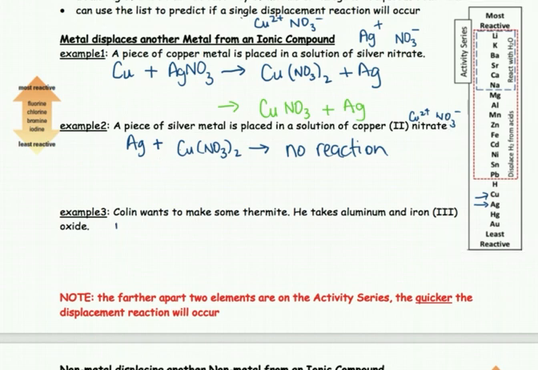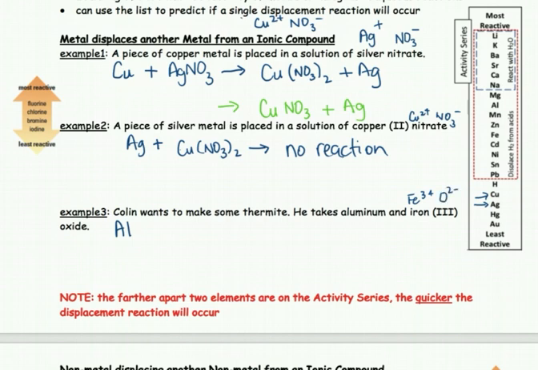Okay, so we have aluminum. Just aluminum. Remember, if it's just the metal, just write the element aluminum, no subscript. And then it's iron 3 oxide. The Roman numeral tells you what charge for iron. And then oxide.